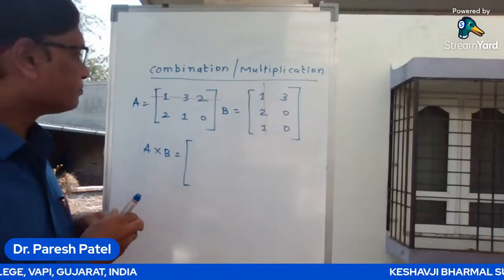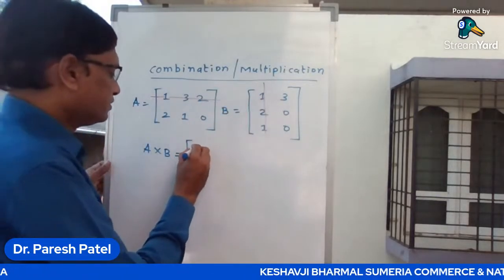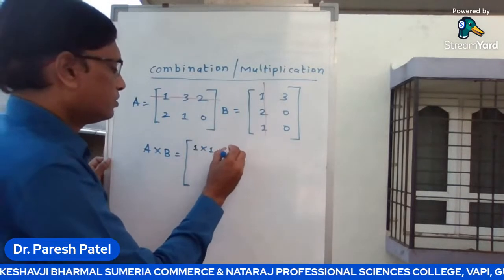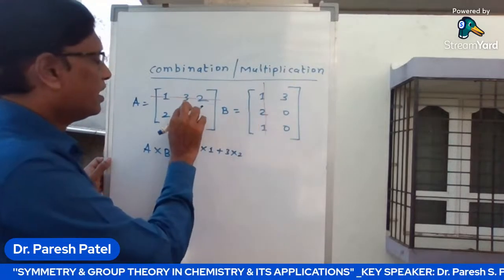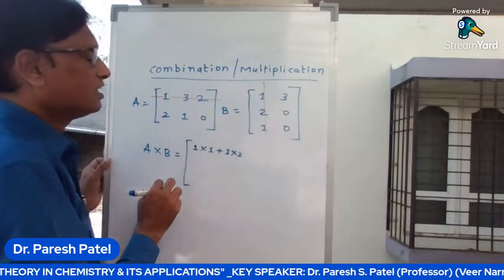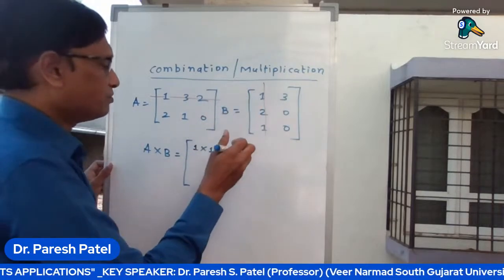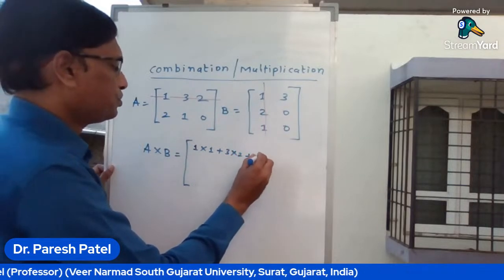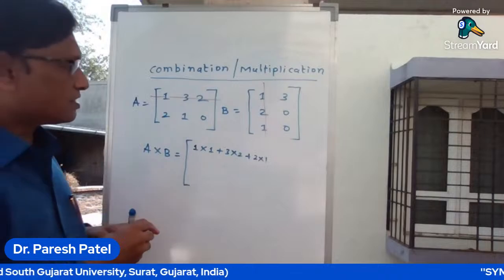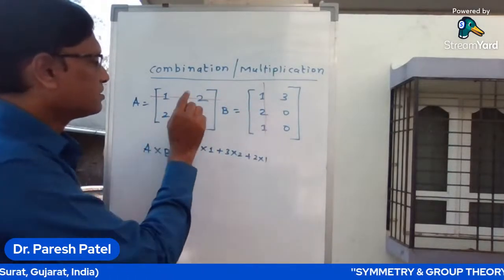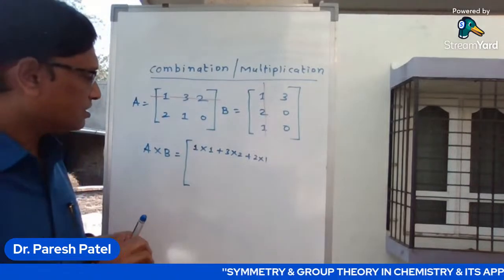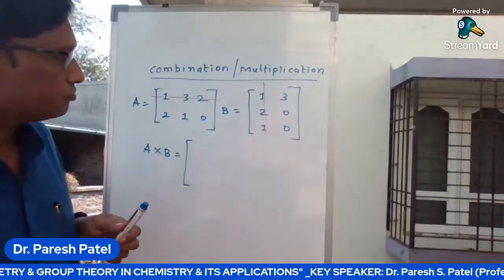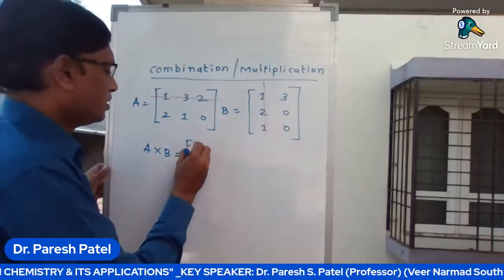So the combination is 1 times 1 is 1, plus the second element of the first row times the second element of the first column, 3 times 2 is 6, plus 2 times 1 is 2. So the total answer is 1 plus 6 plus 2, which means 9.